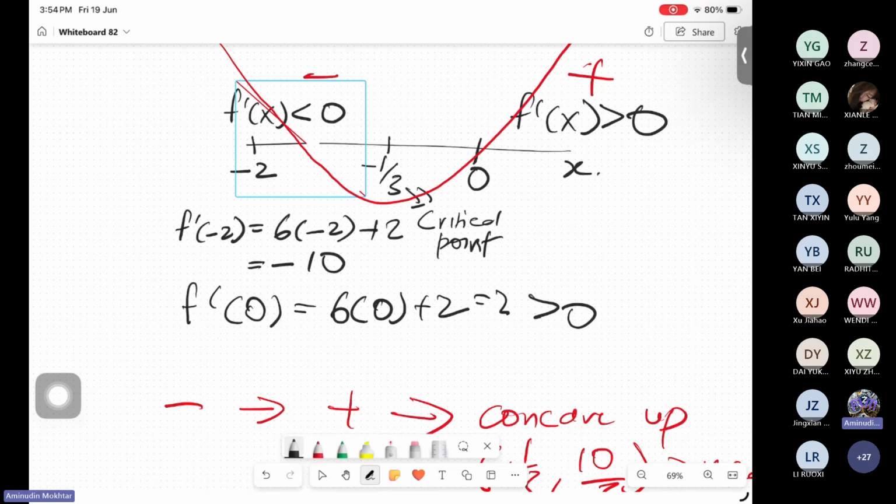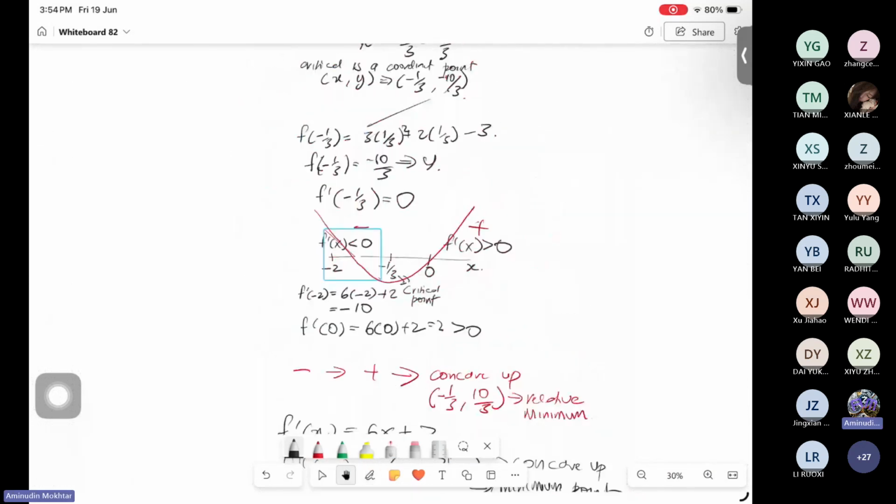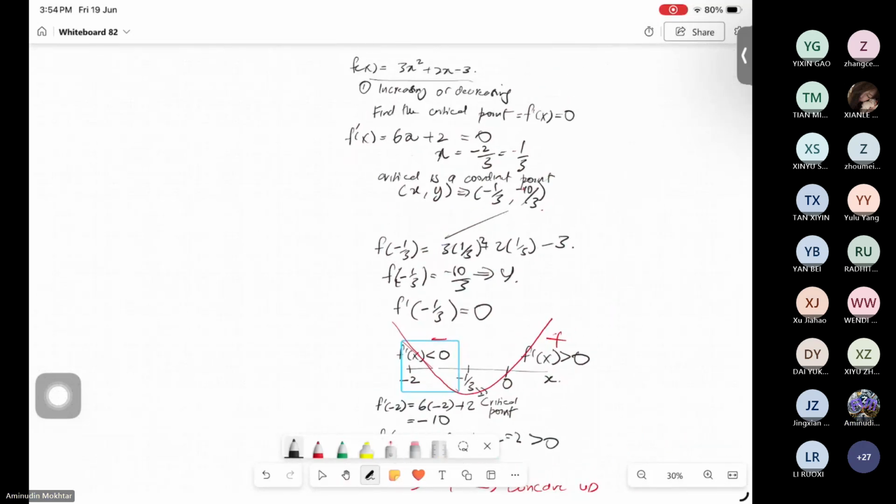I will show you the graph for this quadratic function.